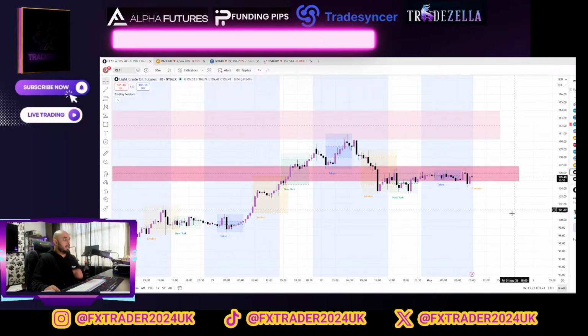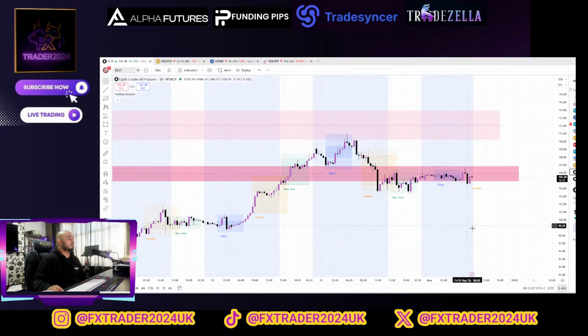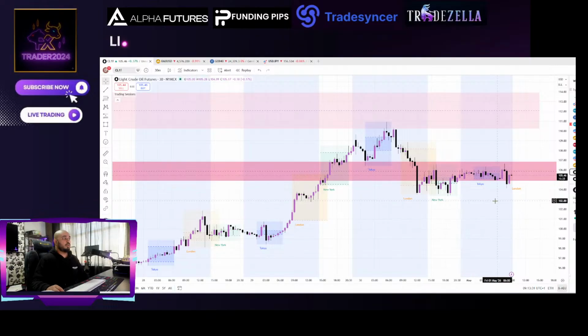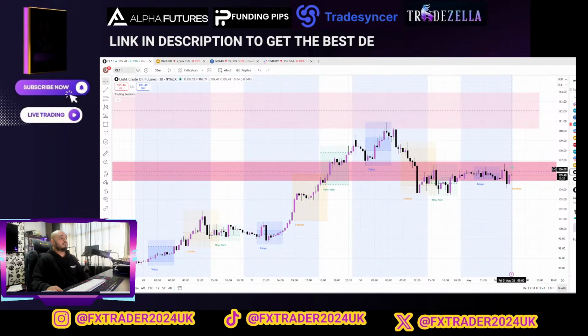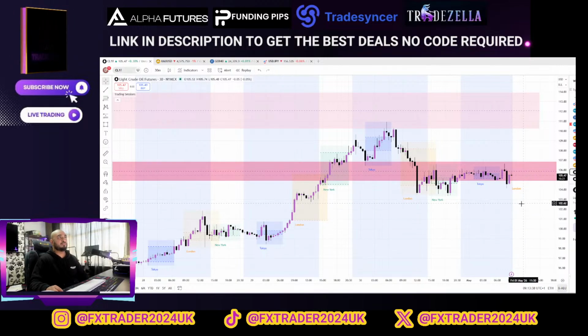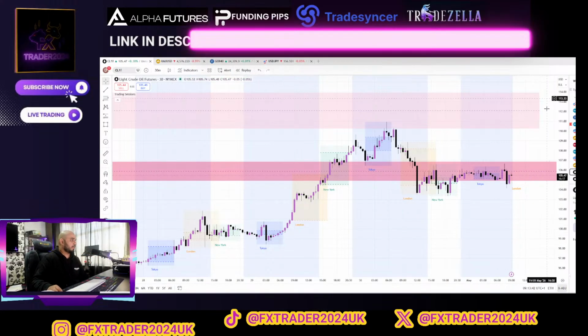You're just going to need confluences. Price is chopping around. I can't tell you exactly what it's going to do right now because there's no entry for us. I'd wait for a clear break of structure to the downside, a retracement, then go onto the lower time frames and look for an entry. That's what I would say.